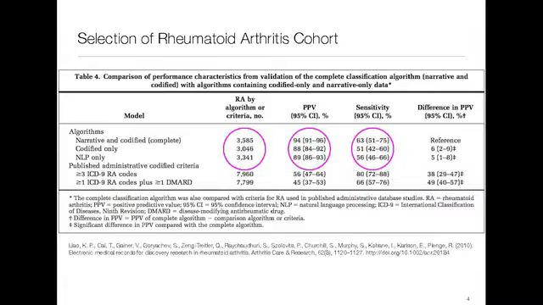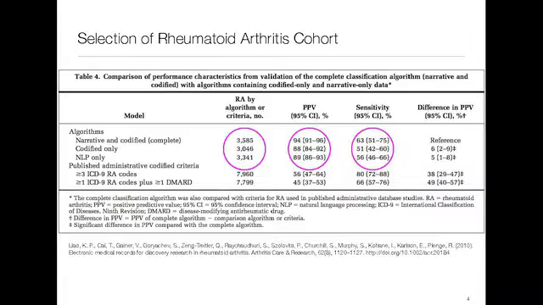And there are many thousands of those people. Then we selected a random set of, I think, 400 of those patients. We gave them to rheumatologists, and we said, which of these people actually have rheumatoid arthritis? So these were based on billing codes.